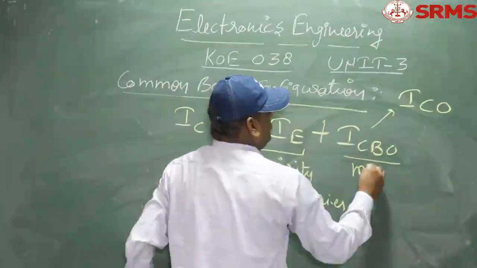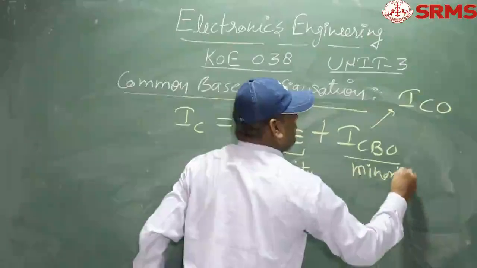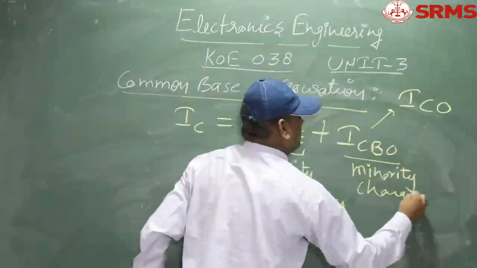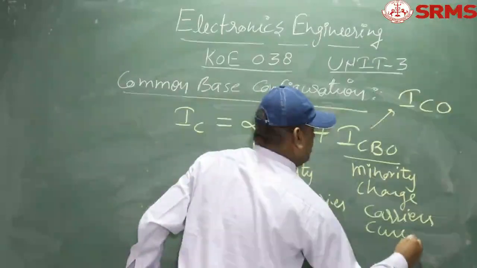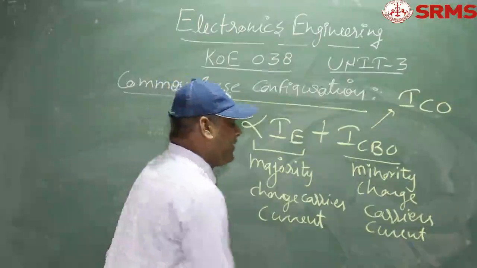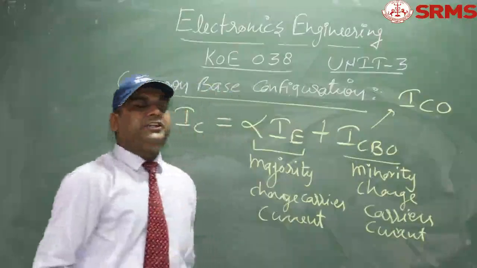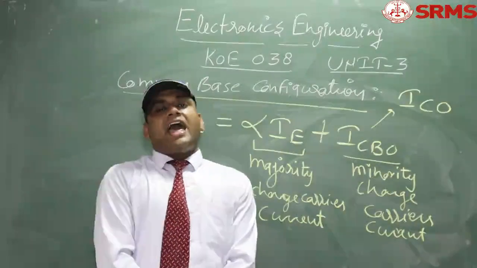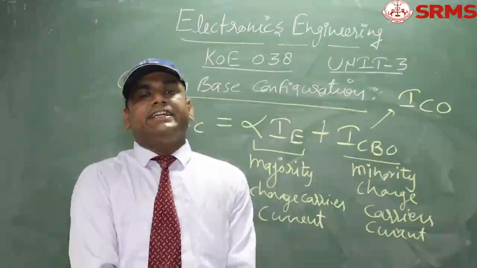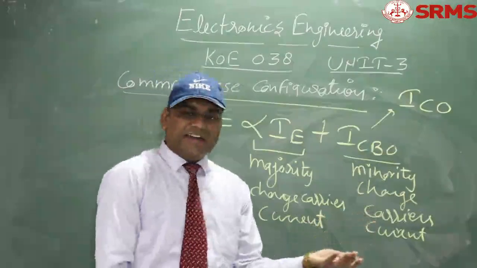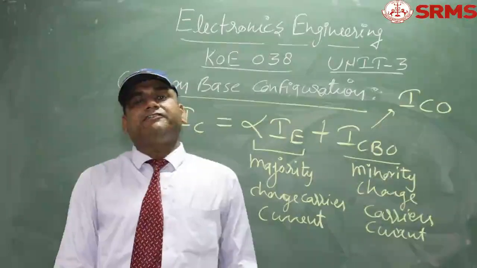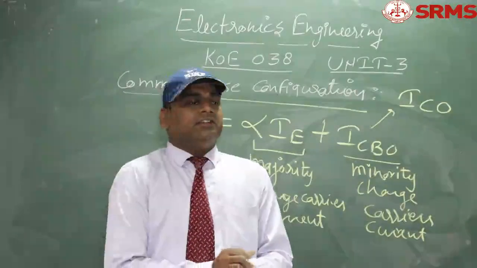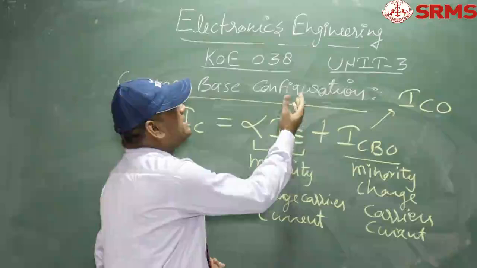This is due to minority charge carriers. The current which is flowing in the reverse bias direction due to minority charge carriers, we have already discussed in unit number 1, and this current depends upon the temperature. Reverse current is a function of temperature. So this is all about the common base configuration.